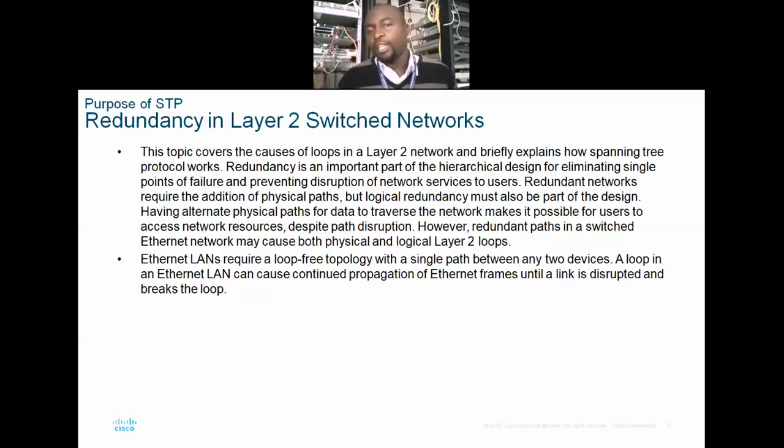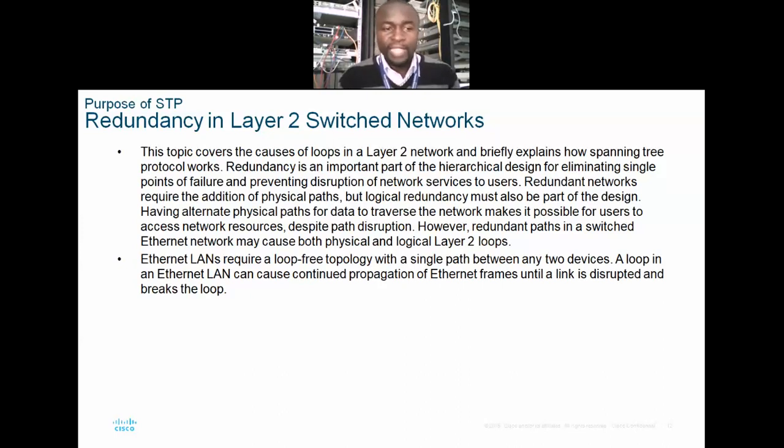So this topic basically covers this kind of loops that takes place at layer 2 of the OSI model and explains how this protocol actually works, especially when we have a lot of redundancy in our network. Because redundancy is very, very important, okay? Especially when you have disruption of network and you want to prevent that.